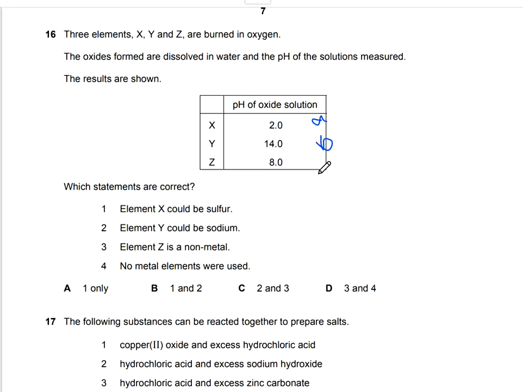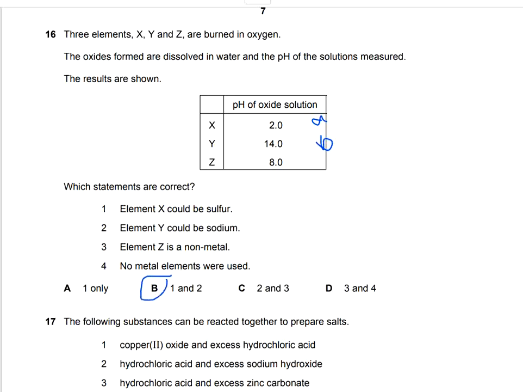Which statements are correct? Element X could be sulfur, element Y could be sodium, element Z is a nonmetal. No metal elements were used. Actually, the correct answer for this is letter B.